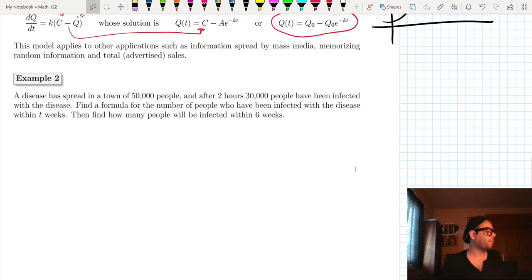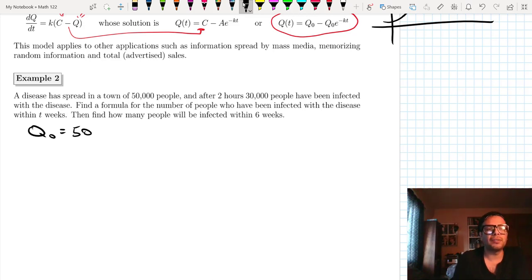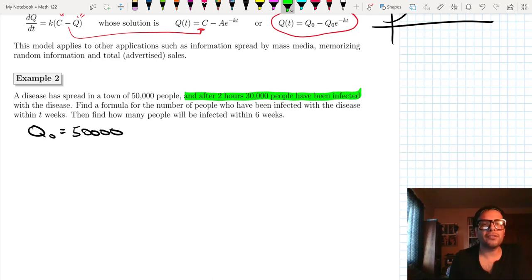So let's see what we have here. We have some Q initial of 50,000 people. Then, in this sentence right here, after 2 hours, not 2 hours, actually this should be weeks, after 2 weeks, 30,000 people have been infected.